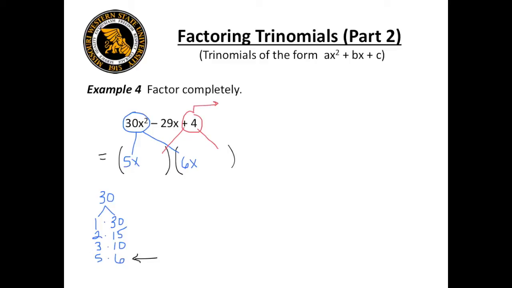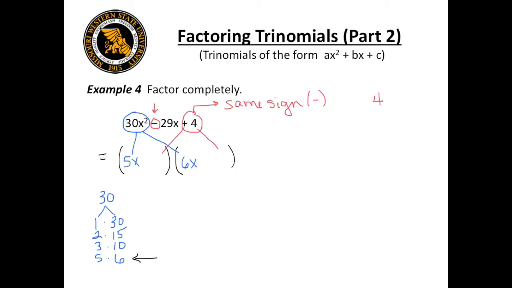Since this third term in our trinomial is positive, that tells us that the 2 factors we place into our binomials will have the same sign. In fact, since that middle term has a negative sign, that tells us that both factors of 4 will be negative.